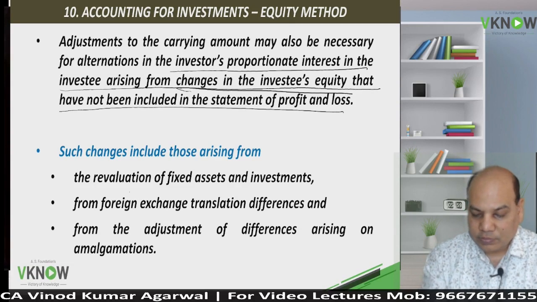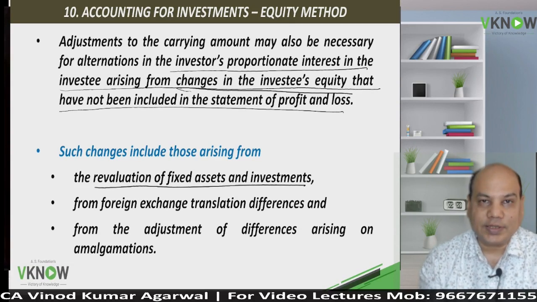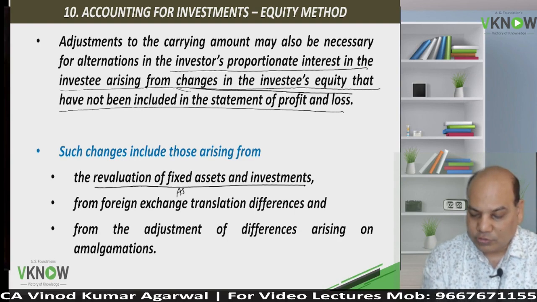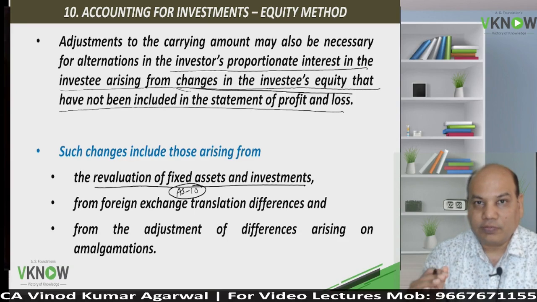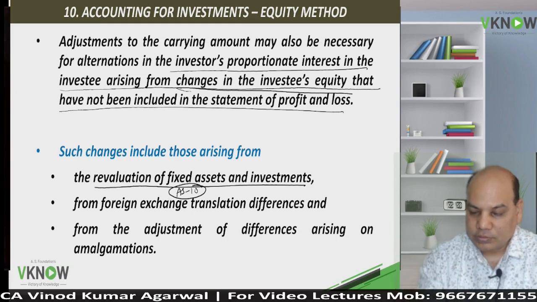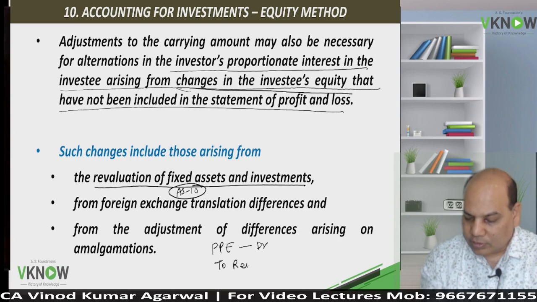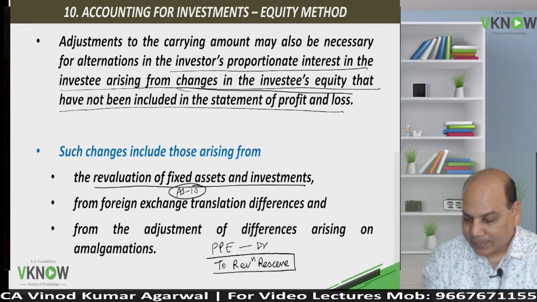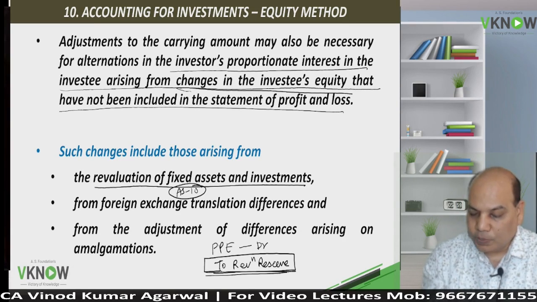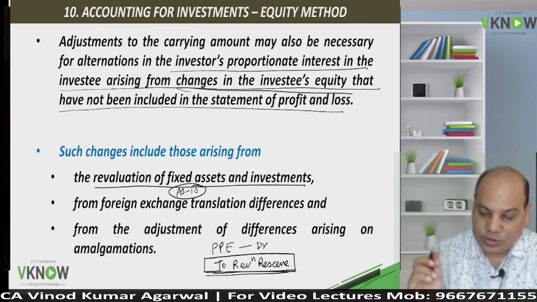For example, revaluation of fixed asset, AS10, students will remember. When a fixed asset is revalued upward, the entry passed is PPE account debit, to revaluation reserve. This doesn't go through profit and loss account, but it has increased the equity of the associate.